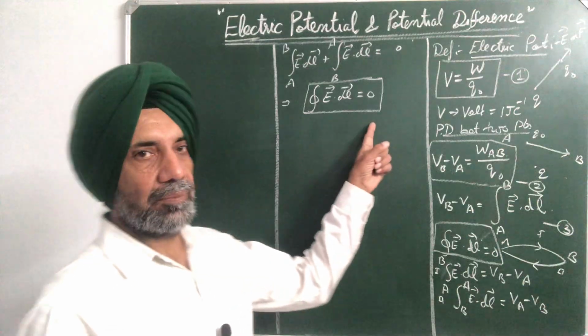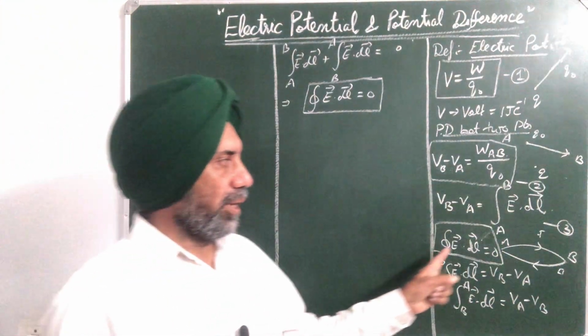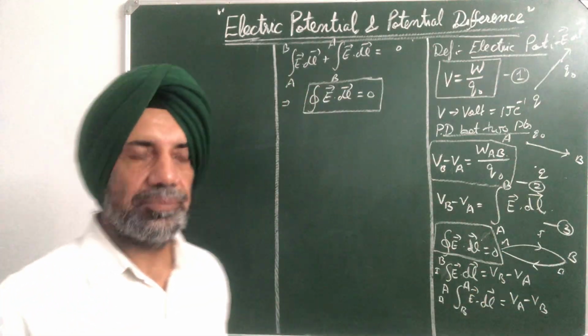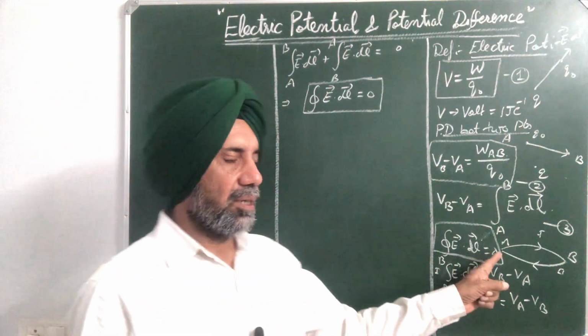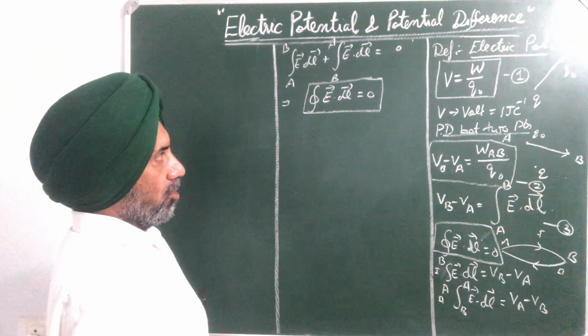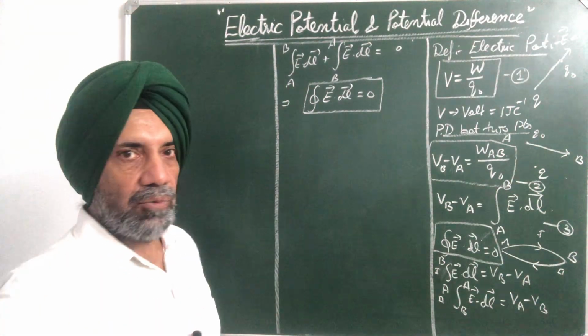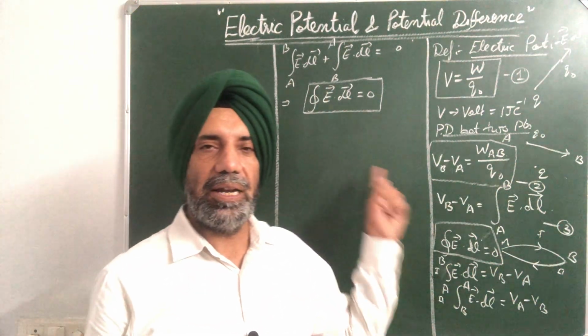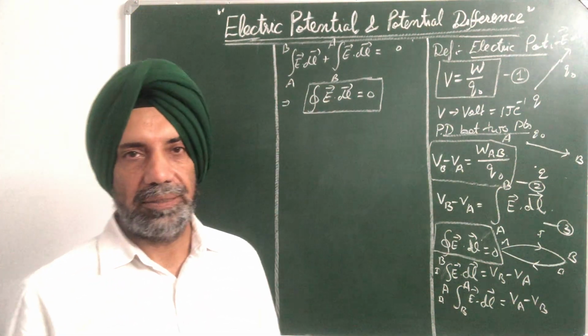It means work done in moving a test charge over a closed path is 0. It depends only upon the initial and final positions A and B. Such a field for which the line integral of the electric field is 0 is known as a conservative field.